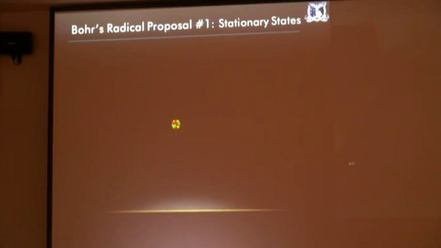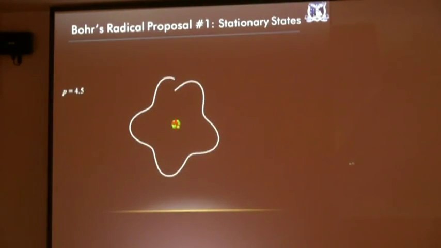He said, okay, let's imagine there's something rather non-classical going on in here. So rather than thinking of a solar system, imagine the electron exists in this stationary state where it doesn't suffer the radiation problem. And you can visualise this as imagine getting something that's a wave and trying to put it around a nucleus. This wave has the wrong number of wiggles in it, and it isn't continuous, it doesn't meet up.